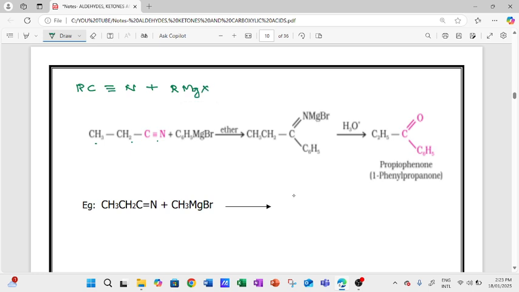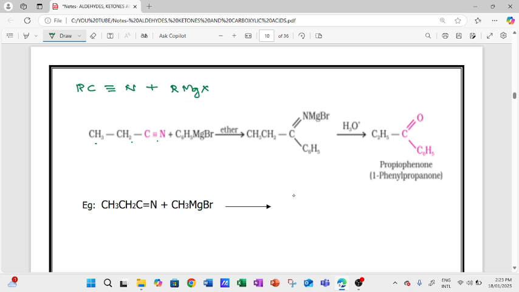During the reaction, in C≡N, one of the pi bonds breaks, meaning the electrons shift to the nitrogen atom. It gets a negative charge and the carbon gets a positive charge. In the Grignard reagent, magnesium is positive and the alkyl group is negative.